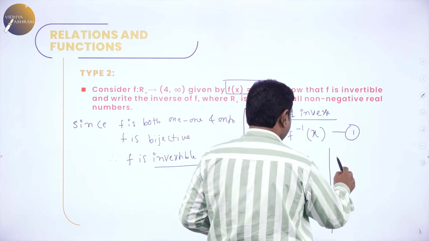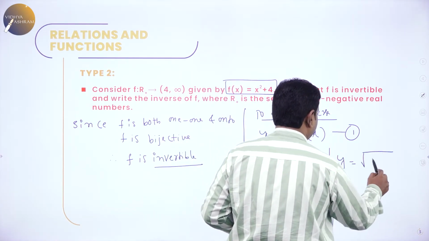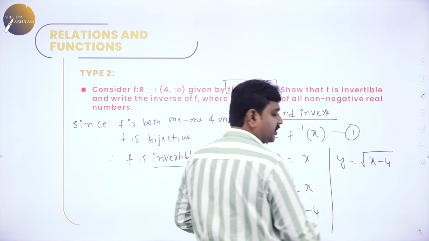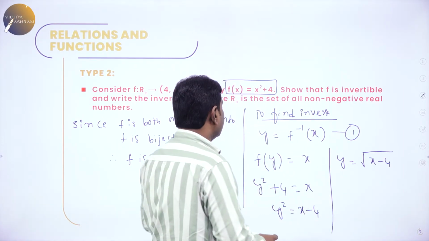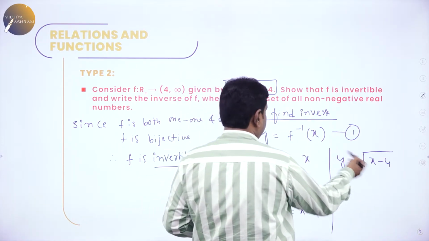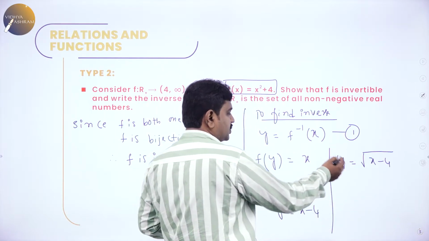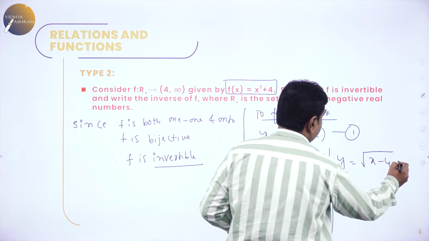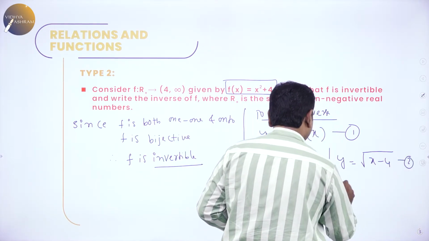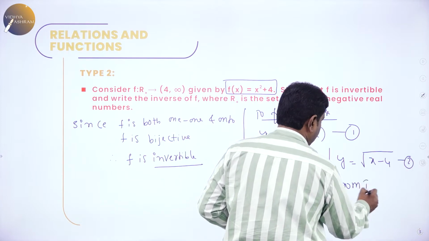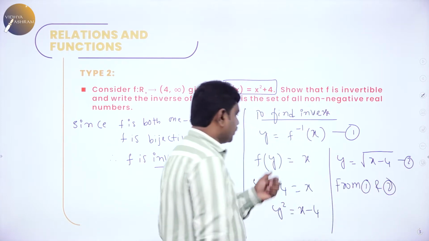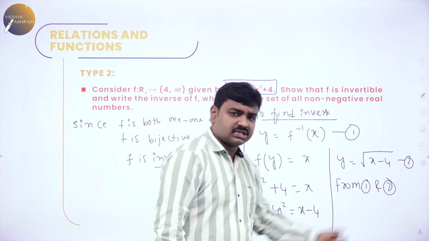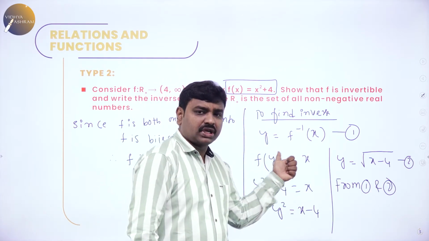Now what is y? Root of x minus 4. Plus or minus, we'll take positive because our domain is R plus. When you substitute, you will get that. Now call it equation 2: y is equal to root of x minus 4. From equation 1 and equation 2, LHS is same, so equate RHS.